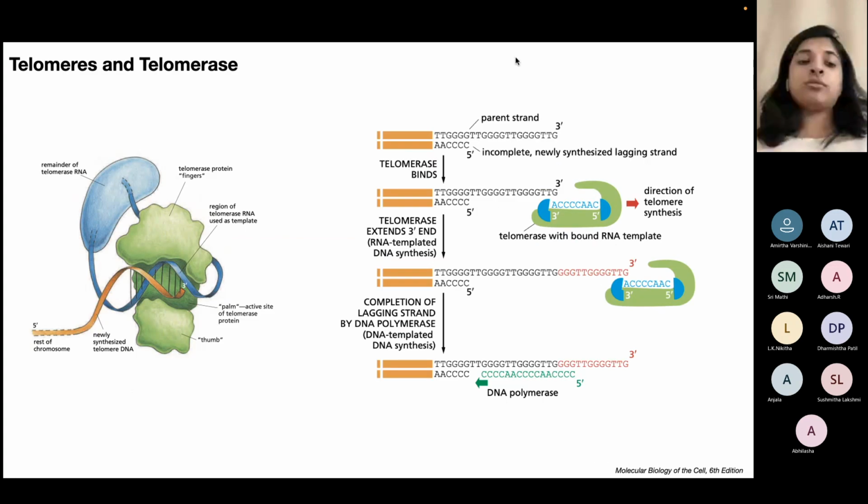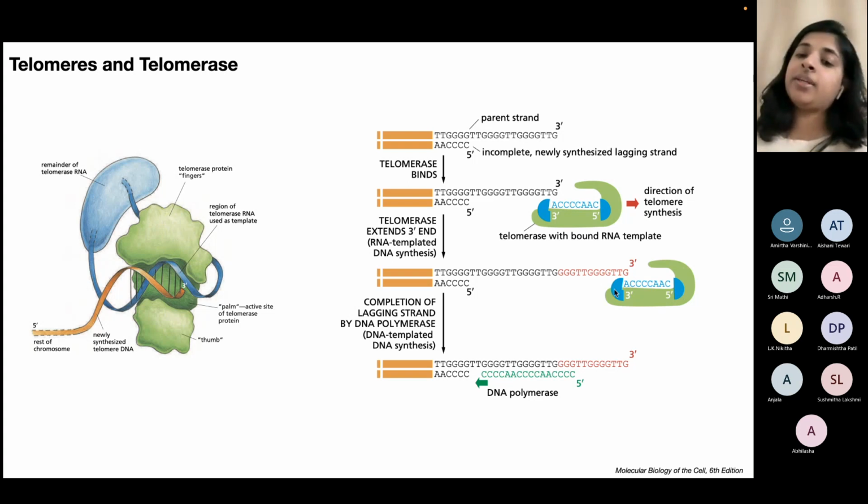So this enzyme is known to have an RNA present within it. This RNA is what serves as a template, and say this is the parent strand that is incomplete because this primer has been removed from this region. Telomerase will come and with its RNA template synthesize a fresh length of telomeric DNA. It will increase this length.